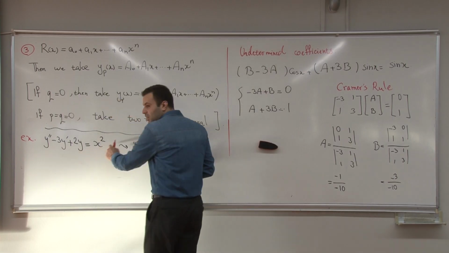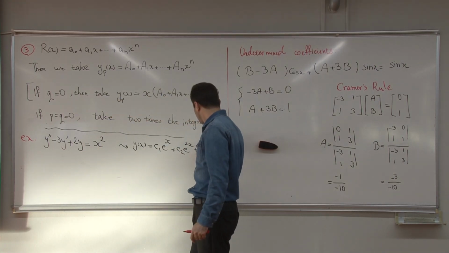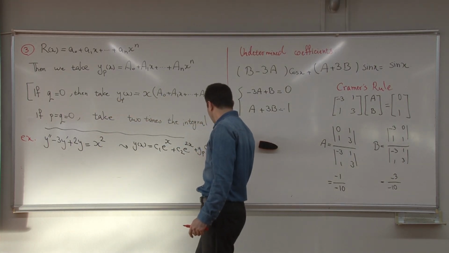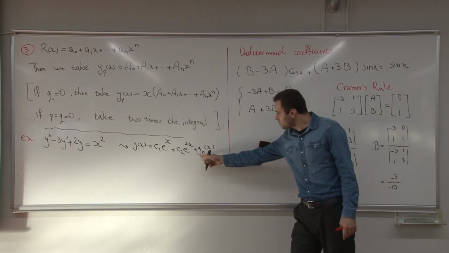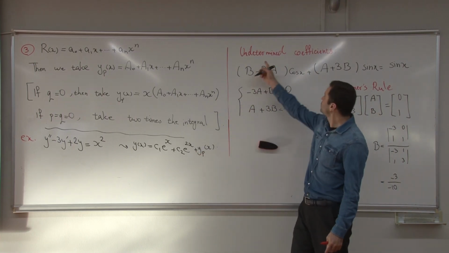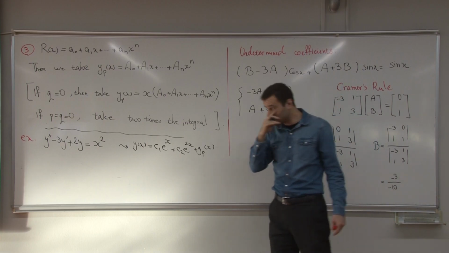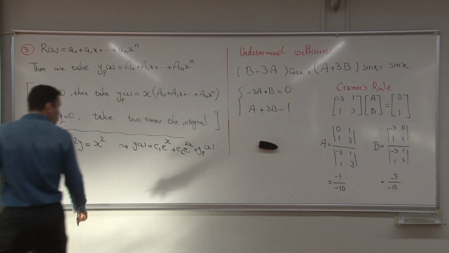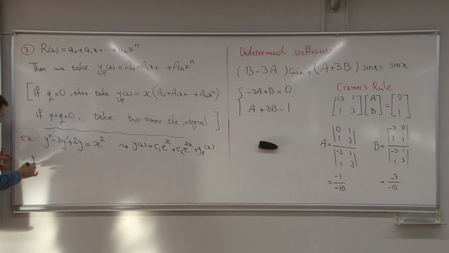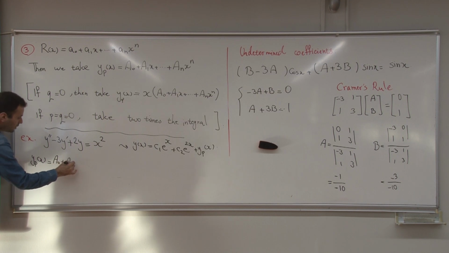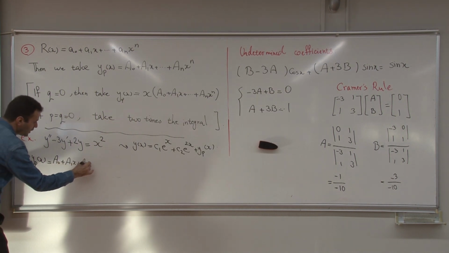But since this is a non-homogeneous equation, we also need this yp of x, right? If you want to determine this yp of x by the method of undetermined coefficients, since this is a polynomial, we take yp of x equal to a0 plus a1x plus a2x squared.